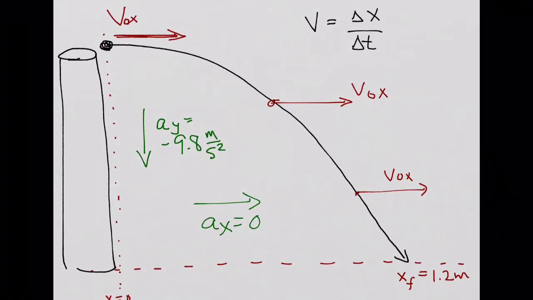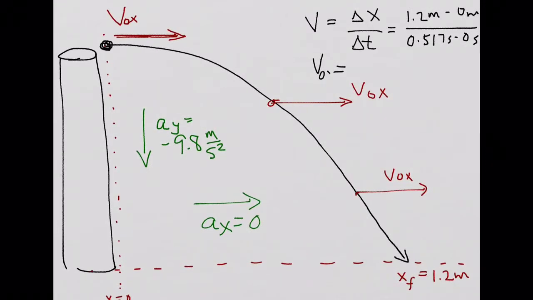I have a final position of 1.2 meters minus my initial position, divided by my final time minus my initial time. And when I solve this, I get a horizontal velocity of v0x equals 2.32 meters per second.